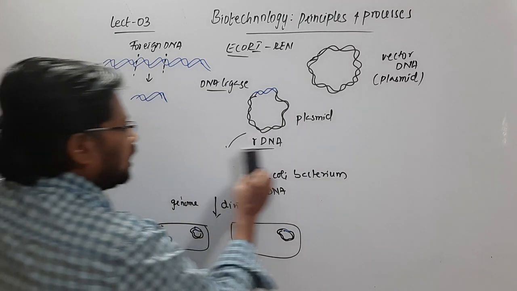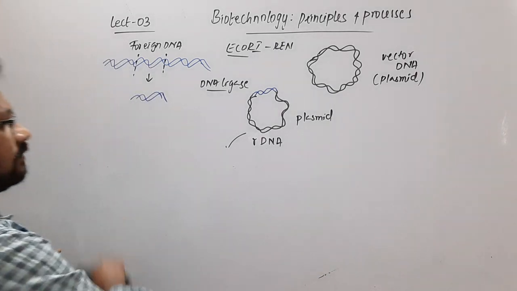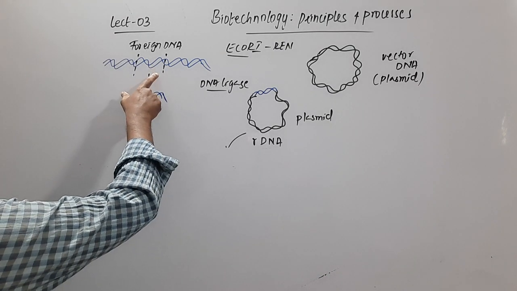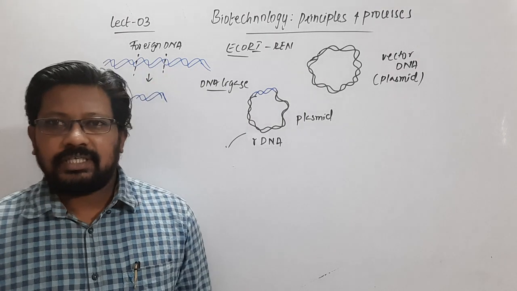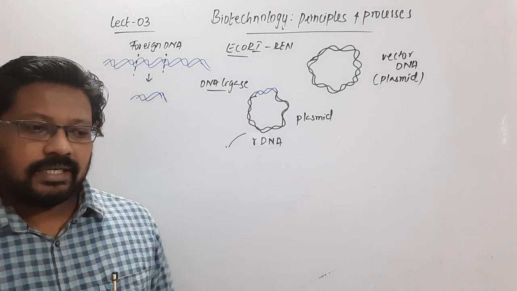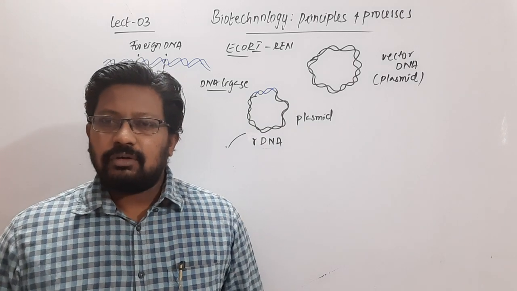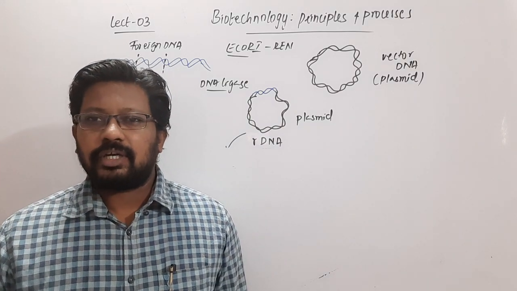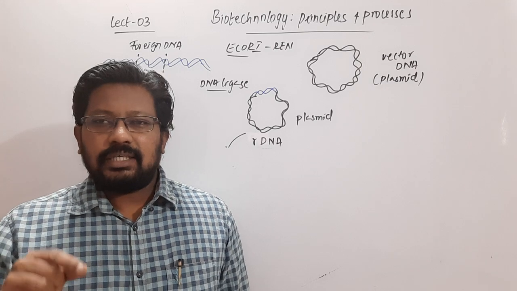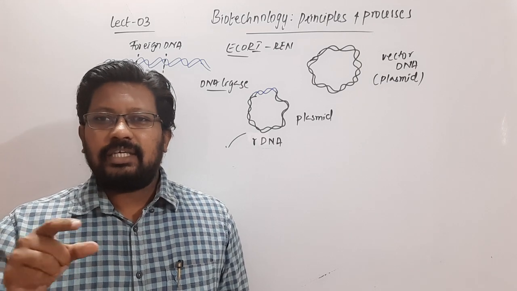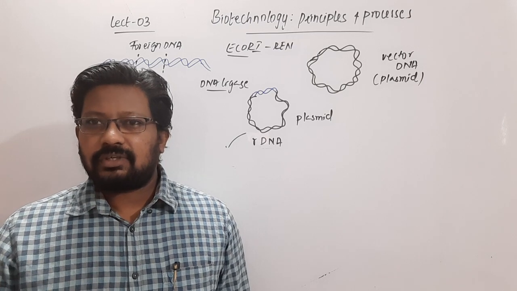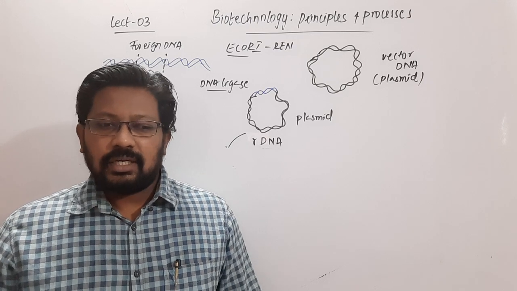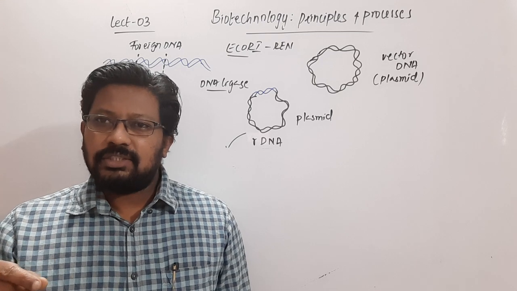Now the first step of this is how to get that gene of interest. If I'm going to take human DNA, we know human DNA is very long, 2.2 meters long, and in that we need to find a specific region where the gene of interest lies. Of course, there may not be only one gene of interest.